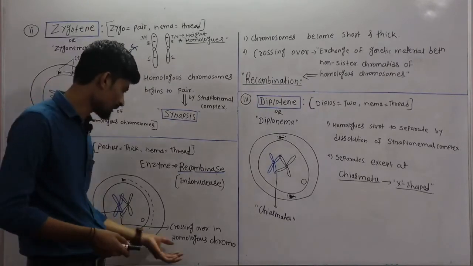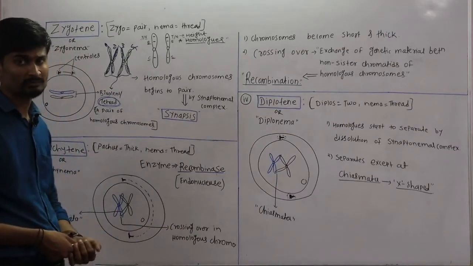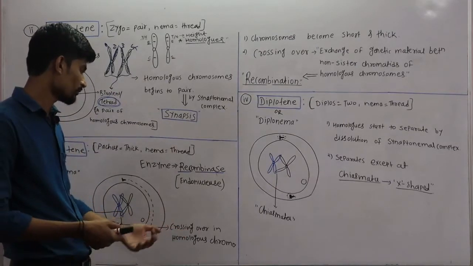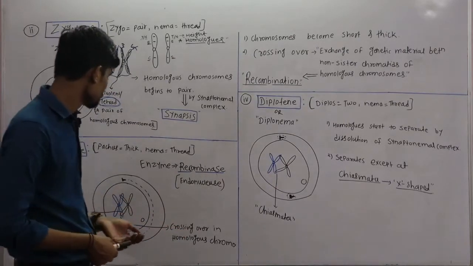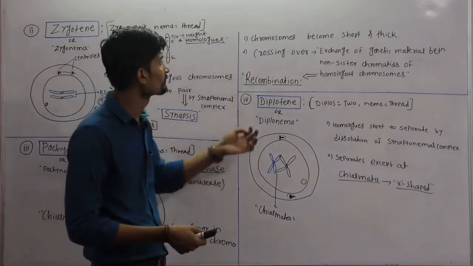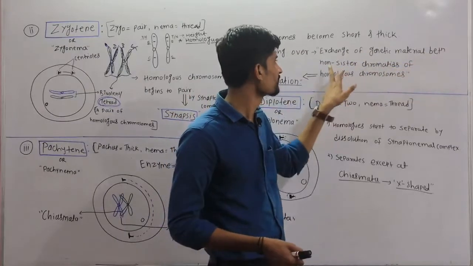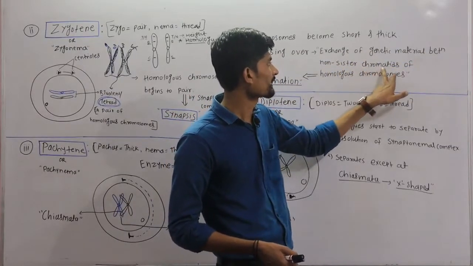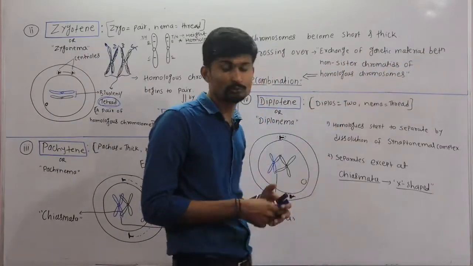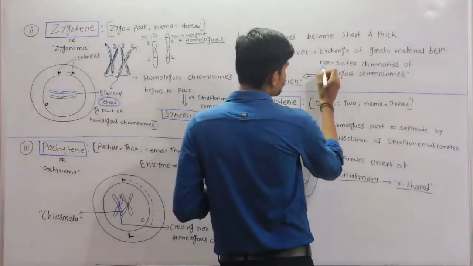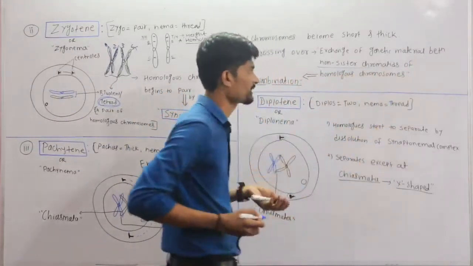So what is crossing over? Simply, crossing over means the exchange of genetic material between non-sister chromatids of homologous chromosomes. Now you have to focus on the non-sister chromatids.